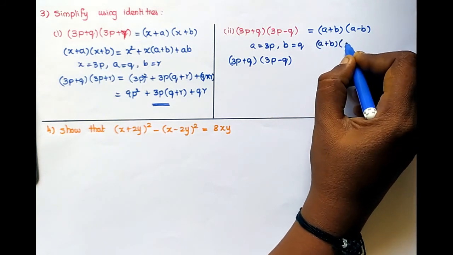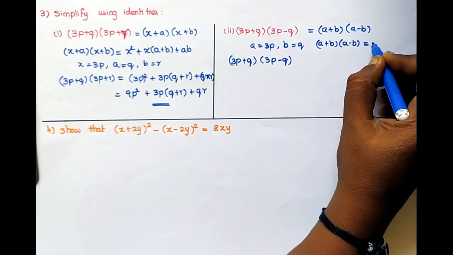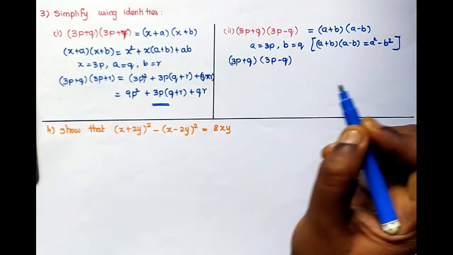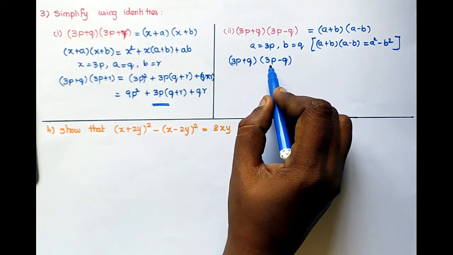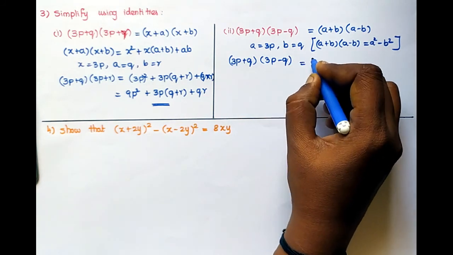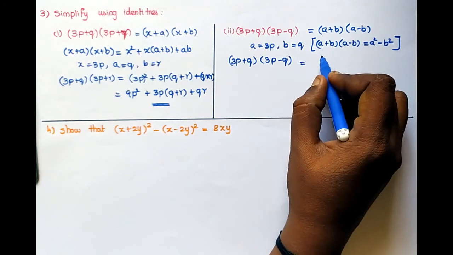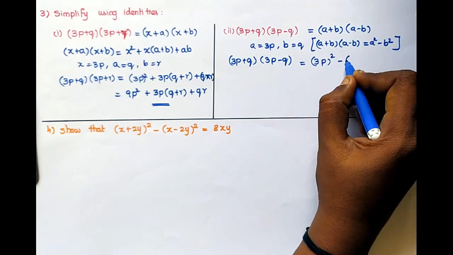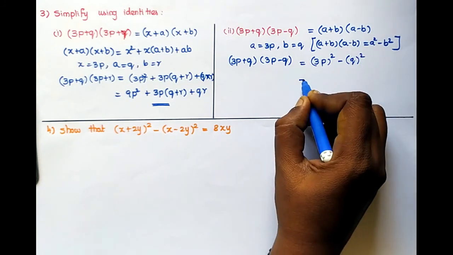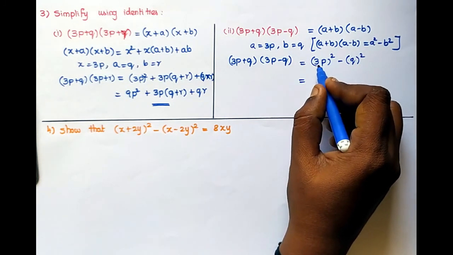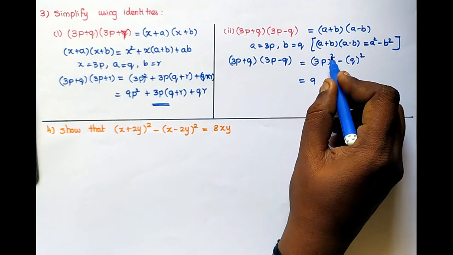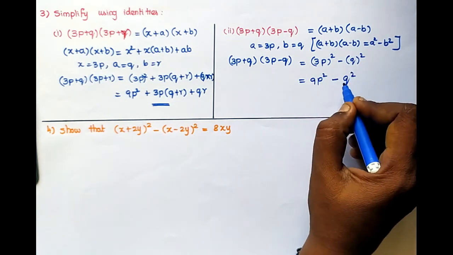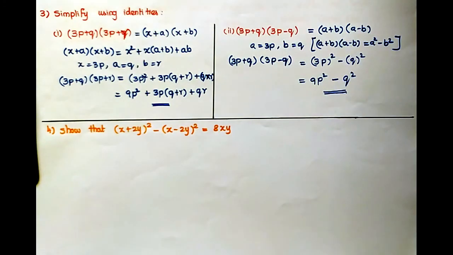A plus b into a minus b equals a squared minus b squared. So 3p plus q into 3p minus q equals a squared, that is 3p whole squared, minus b squared, q squared. So 3p whole square, 3 square is 9, p square, minus q square. So that is the answer.